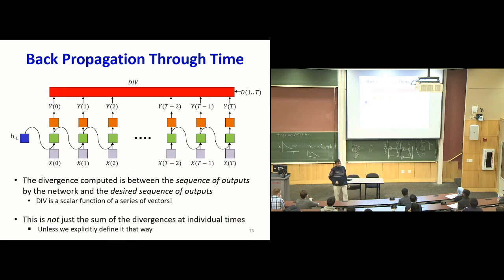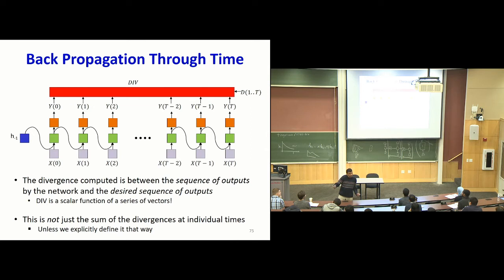The divergence that we are going to try to minimize is not the divergence at individual times. The actual divergence that you're going to compute is the divergence between the entire sequence of outputs produced and the entire sequence of desired outputs, right? This need not be the sum of the divergence at individual times.